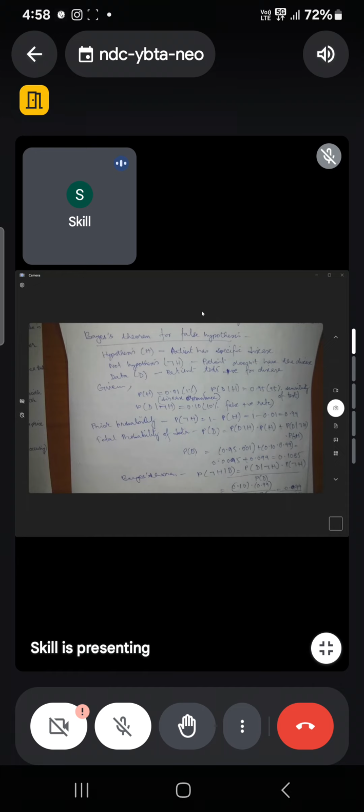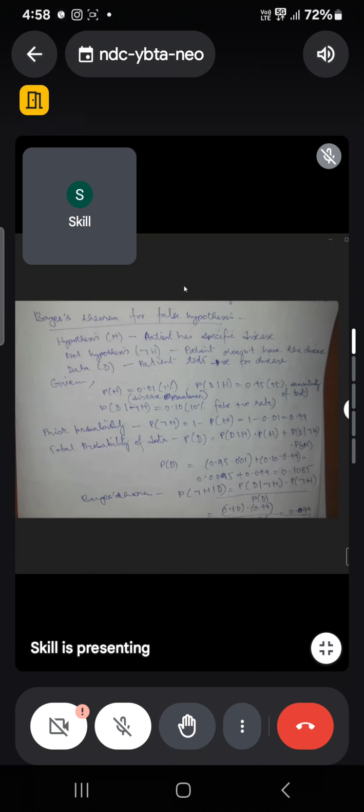So there are two hypotheses. The hypothesis is that the patient has a specific disease, and not hypothesis is that the patient does not have the disease. The data is that the patient tests positive for the disease.